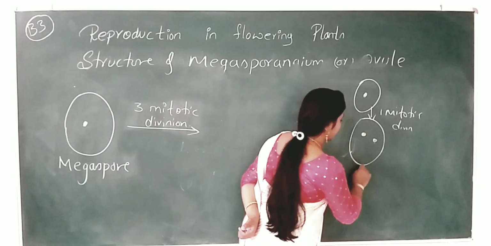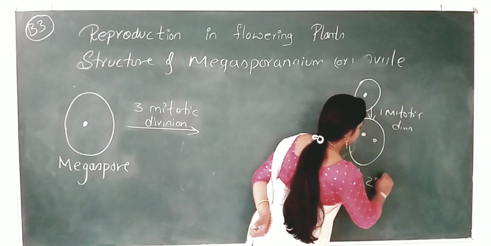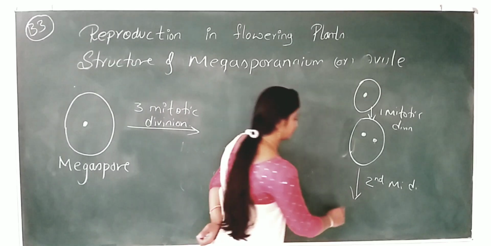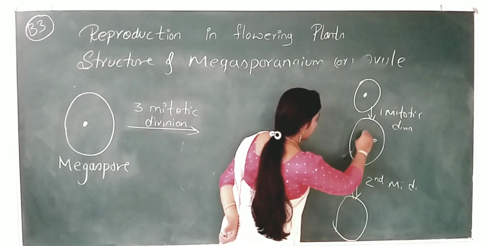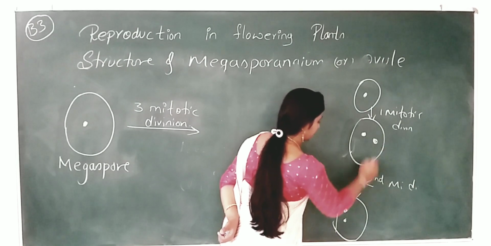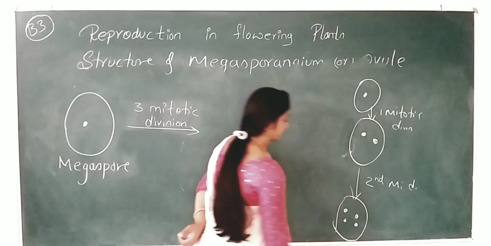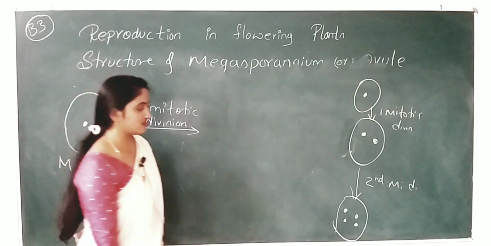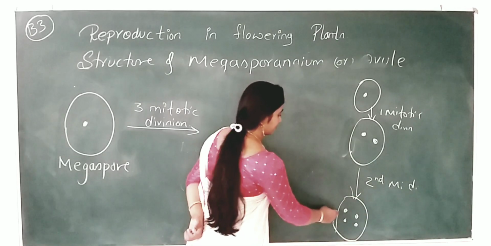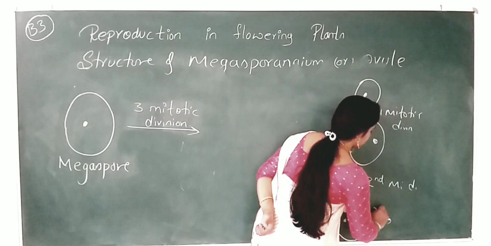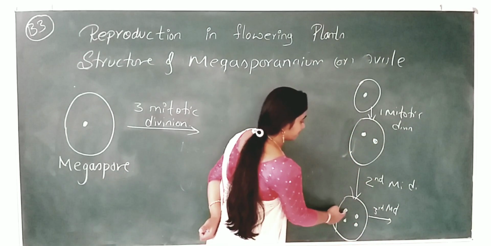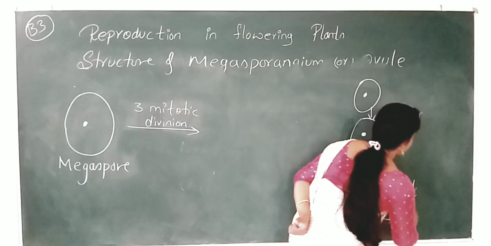Each nucleus undergoes the second mitotic division, giving rise to 2 more nuclei each. How many nuclei do we have here? We have 4 nuclei at the end of the second mitotic division. And at the third mitotic division, each nucleus gives rise to 2 more nuclei.